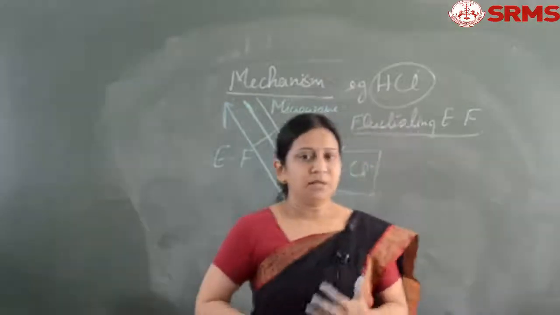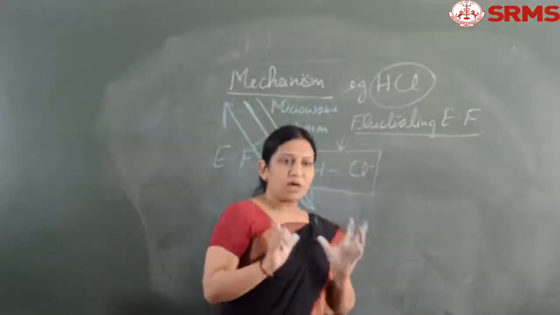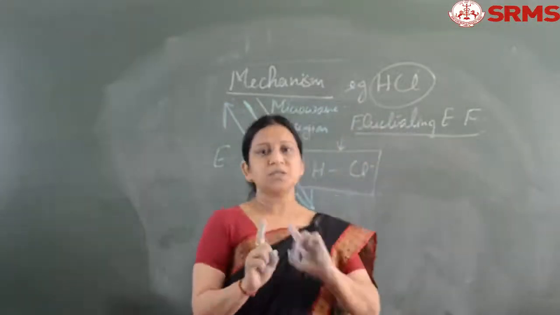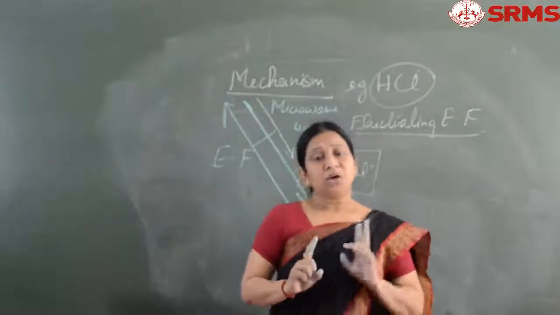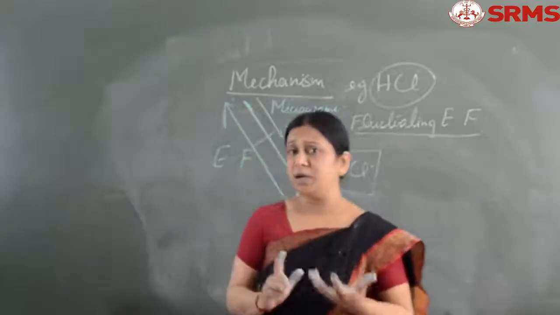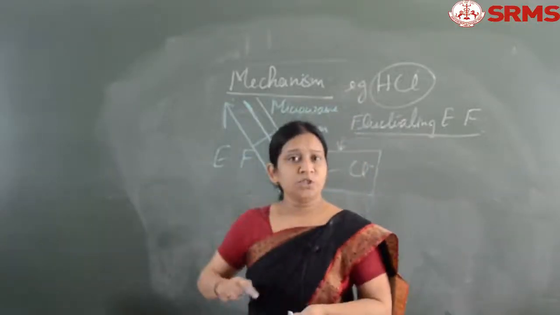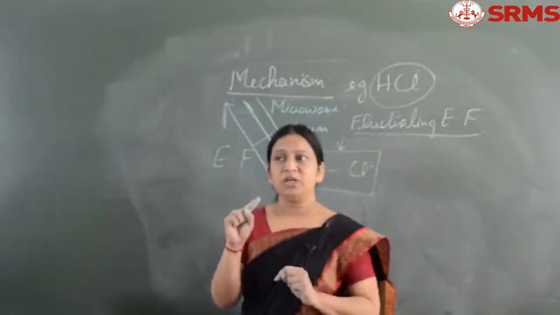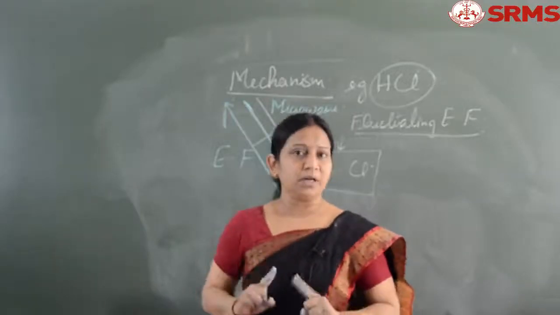So I repeat the mechanism. If I have a diatomic molecule, it is spinning on its axis, and because it is spinning, it is going to produce a fluctuating electric field. The radiation which is falling on that spinning molecule is also associated with an electric field.